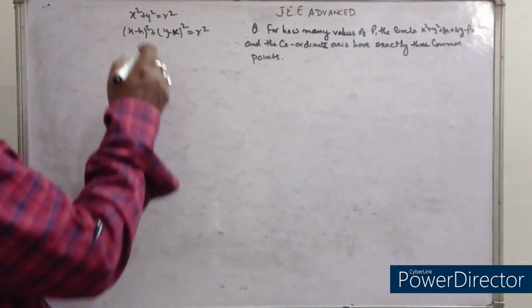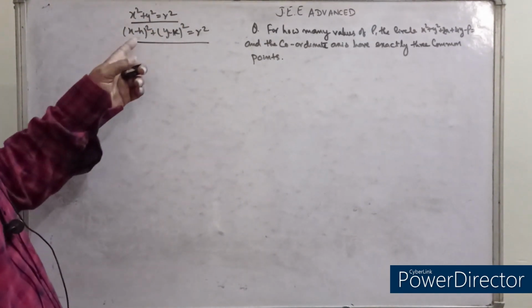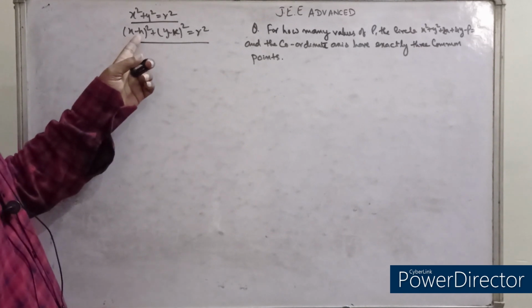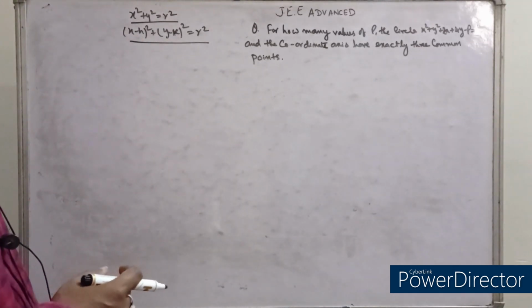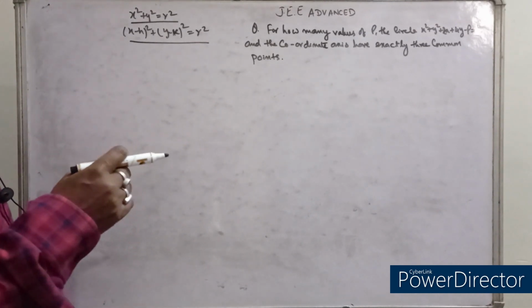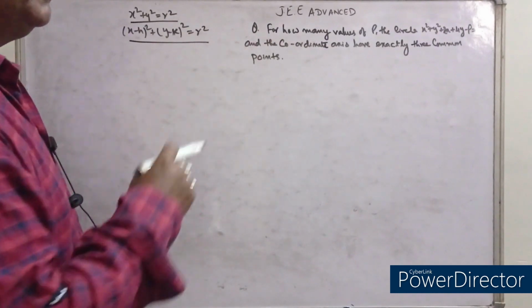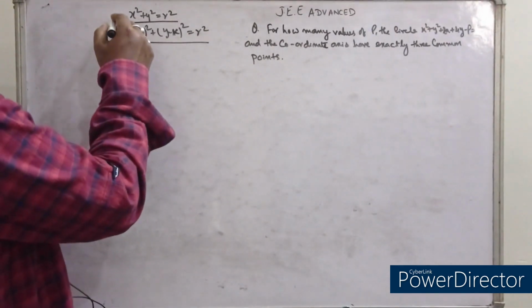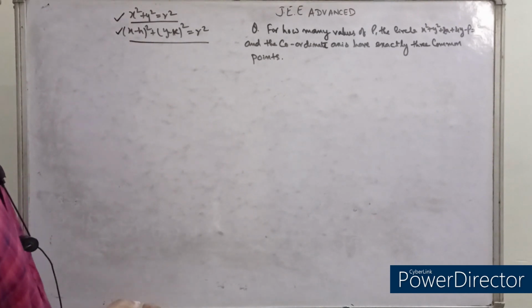You have learned only these two equations of the circle, when the center is at the origin and when it is at h and k. For class 12 students, such problems are a little bit difficult because in your syllabus only these two types of equations are given.